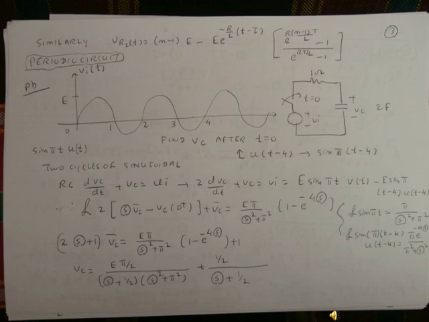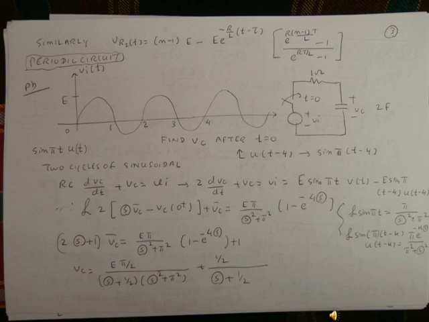So we write down the equation: RC dVc/dt plus Vc is equal to Vi, that will be 2 dVc/dt plus Vc equal to Vi. That is also equal to E sin πt minus E sin π(t minus 4) u(t minus 4). By taking the Laplace transform, we get 2(sVc minus Vc(0+)) plus Vc is equal to Eπ divided by s squared plus π squared multiplied with 1 minus e power minus 4s.